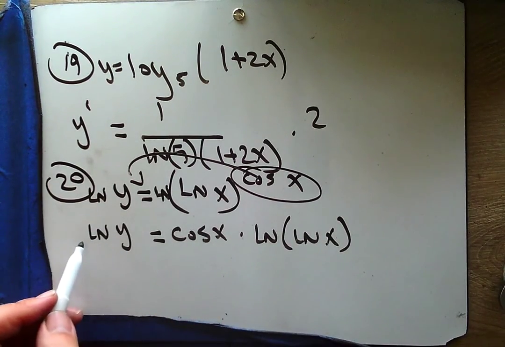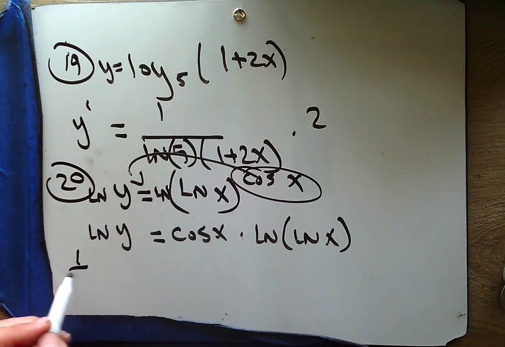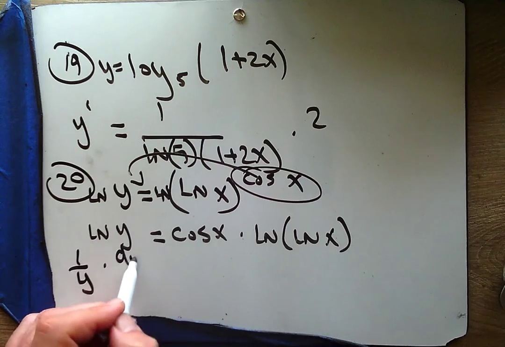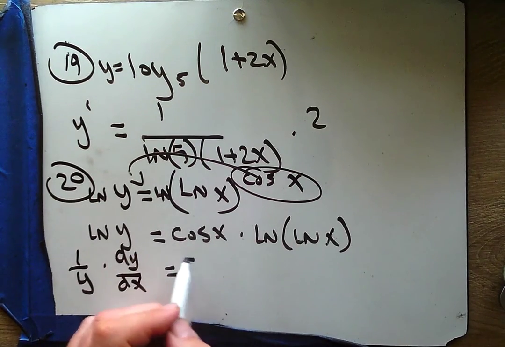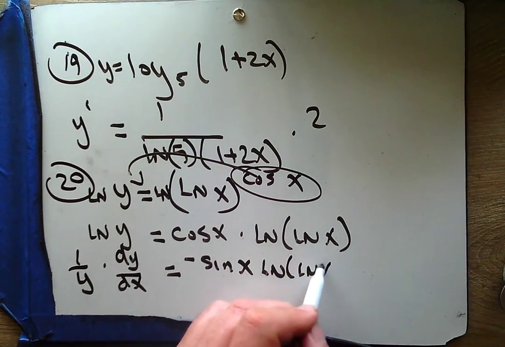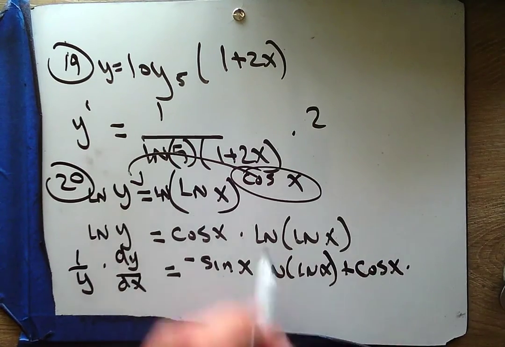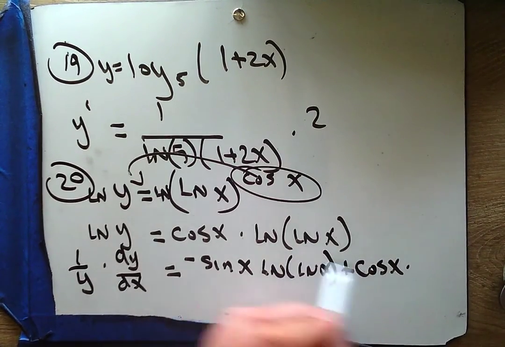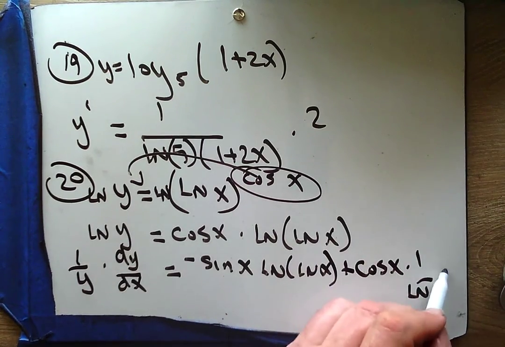So when I use implicit differentiation here, take the derivative of ln of stuff. I have 1 over stuff times derivative of stuff. Here I have a product rule, negative sine x ln of ln x plus cosine x times derivative of ln of stuff is 1 over stuff times the derivative of stuff.